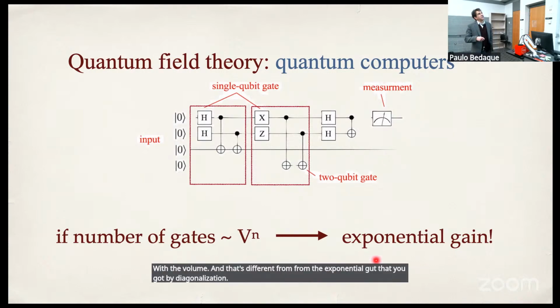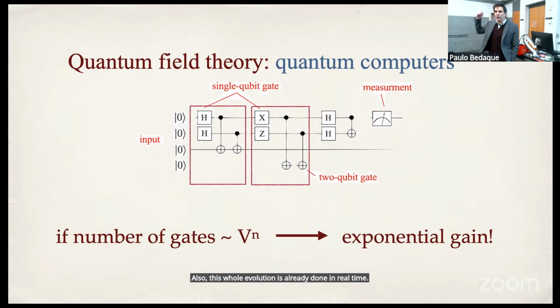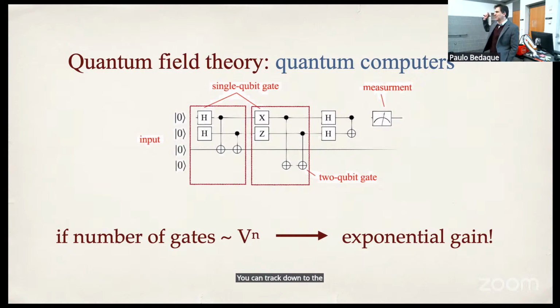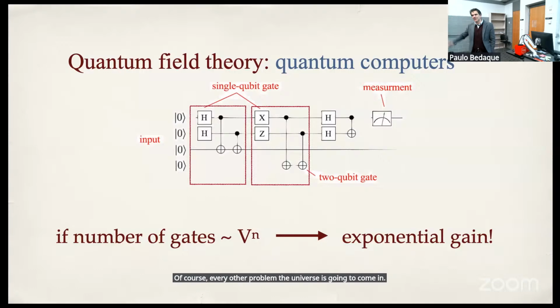Also, this whole evolution is already done in real time. All those problems that I mentioned before you can track down to the fact that you're using imaginary time, so those problems just evaporate completely. Of course, every other problem in the universe is going to come in, okay? But that's the setup here. So the promise of a quantum advantage in this setup hinges on doing a time evolution by a tiny step in a way that doesn't cost exponentially with the volume.